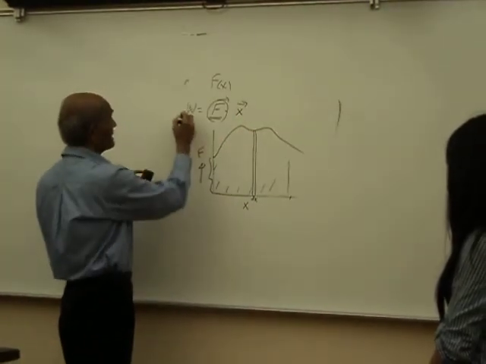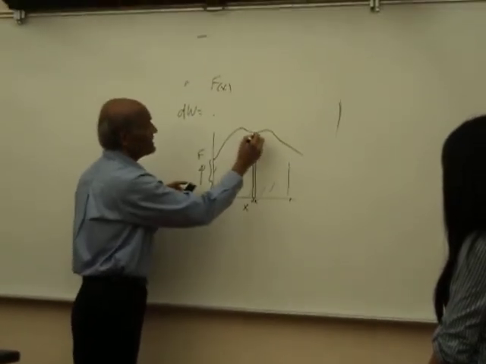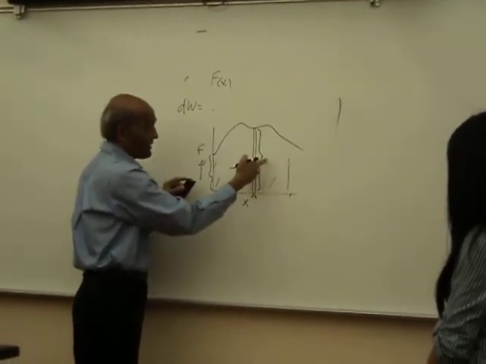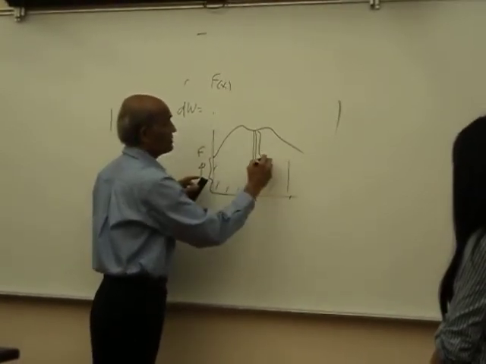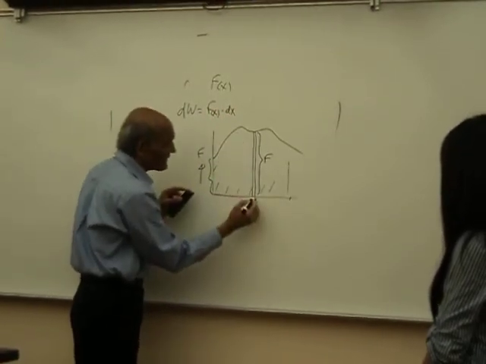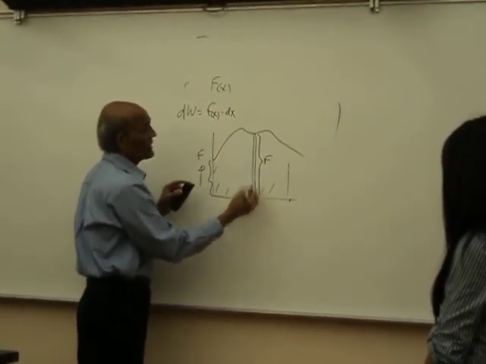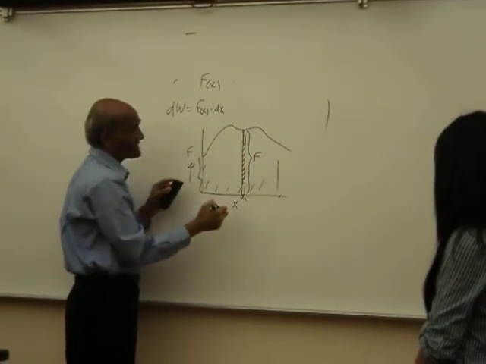Therefore, the work done, dw, at that time will be the force function. Force is now a function of x. It changes with x. So that will be the force function multiplied by that dx. Now, that means it is the area of this rectangle.